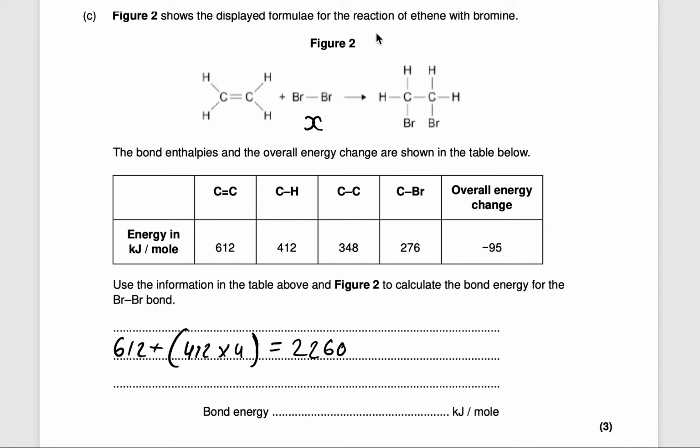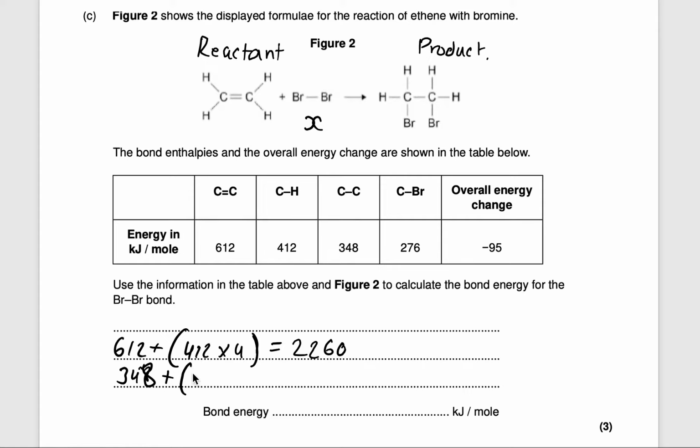Okay, now remember, these are the reactants and these are the products. Over here there's a C and a C, and we know that's going to be 348, so we'll write that down. And C is bonded to an H, 1, 2, 3, 4 times. So 348 is going to be added to C-H, which is 412.